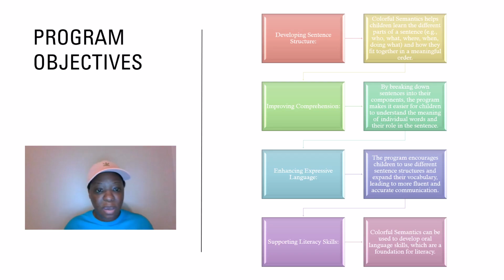So, just to recap, we want to encourage wider vocabulary. We want to make sentences longer. We want to also help the children answer and generate questions. We want to develop the use of nouns, verbs, and prepositions and adjectives as age appropriate and skill appropriate. We want to improve sequencing and storytelling skills.